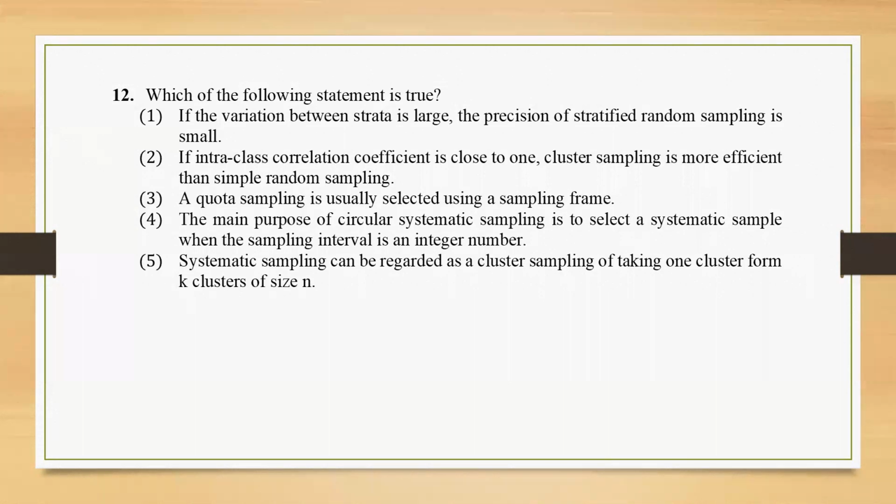If the variation between strata is large, the precision of stratified random sampling is small? No. Precision is increased, right?